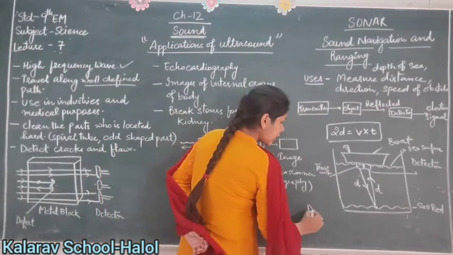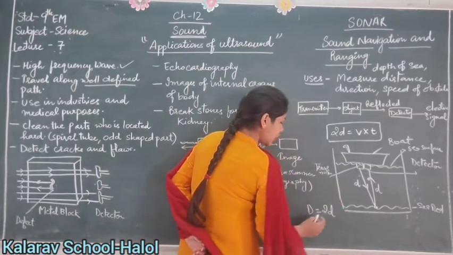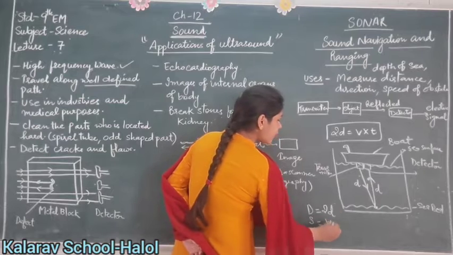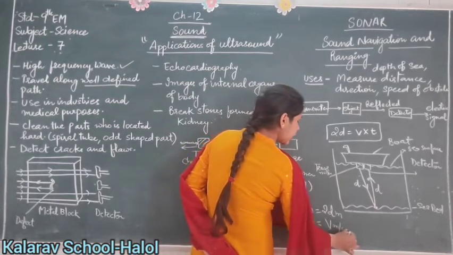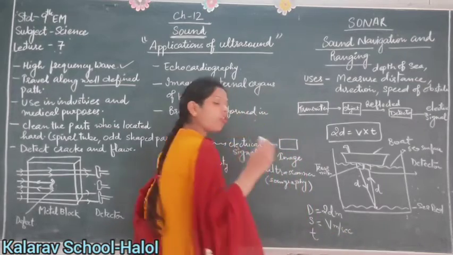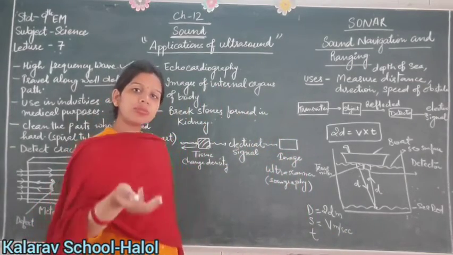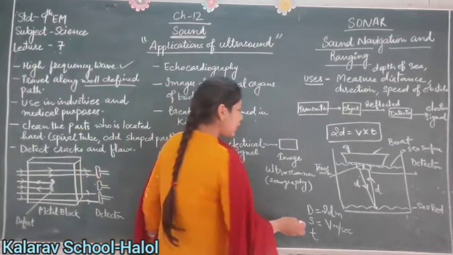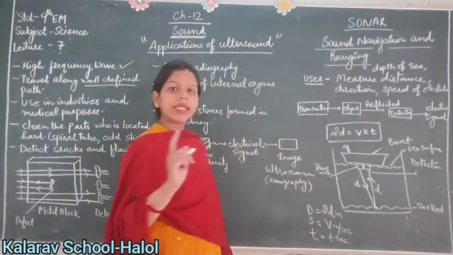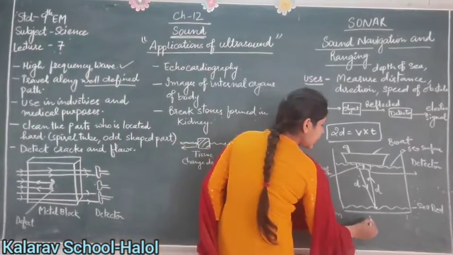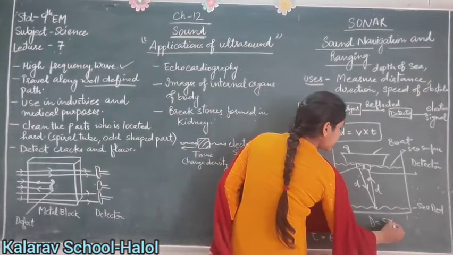The distance traveled is 2d meters, the speed is v meters per second, and the time between transmission and receiving of the wave is t seconds. We know the distance traveled by a body is given by speed multiplied by time.